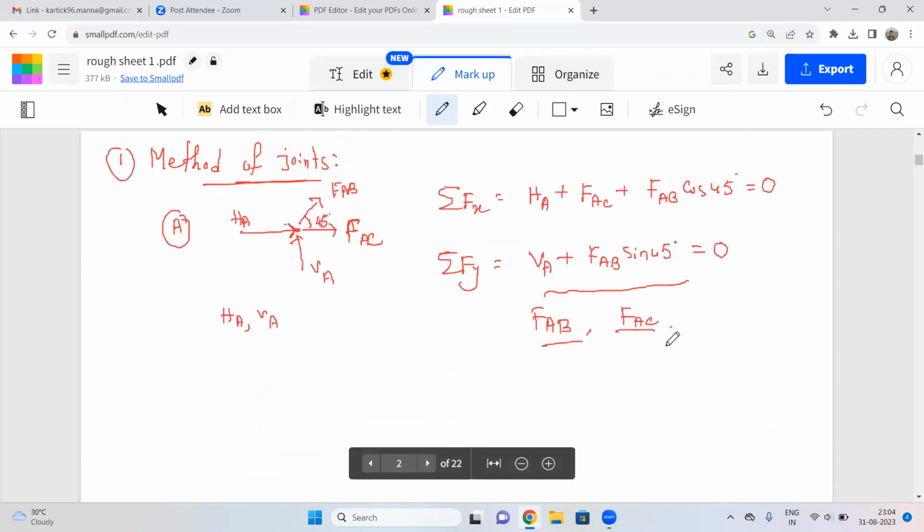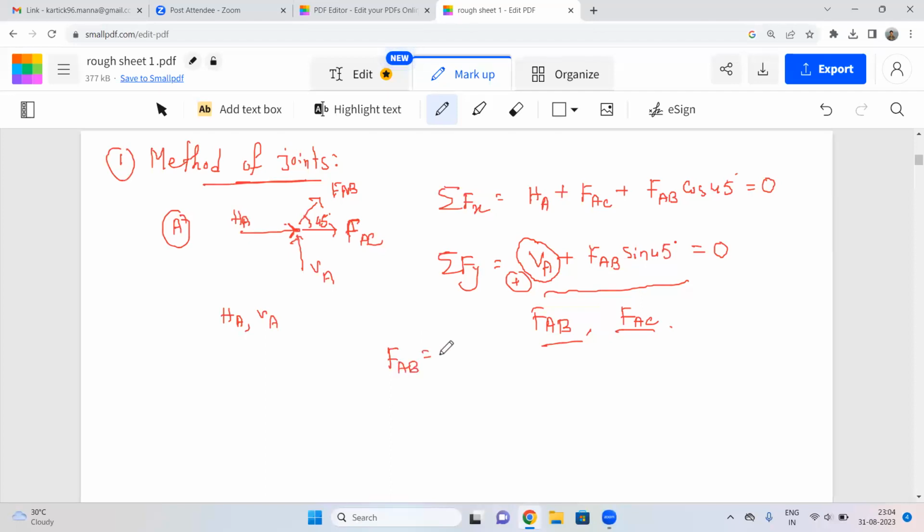So from here itself, what we can check, suppose you got your VA positive. So by solving this, what you will get, your FAB will be negative. If your VA is positive, that means what? FAB is minus VA by sine 45. So your FAB will be negative value, right? Now look at your FAB.